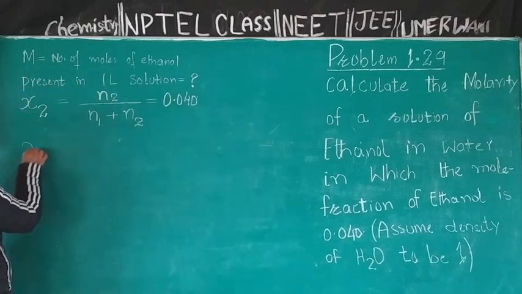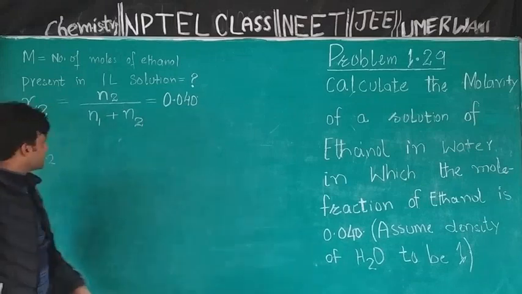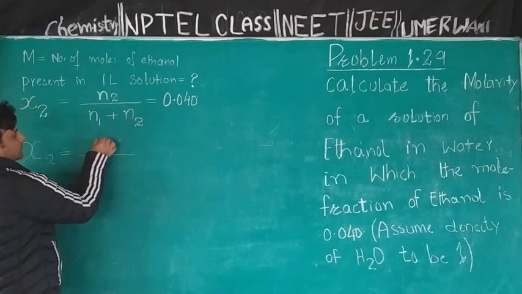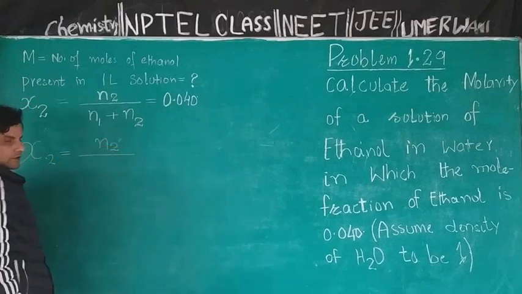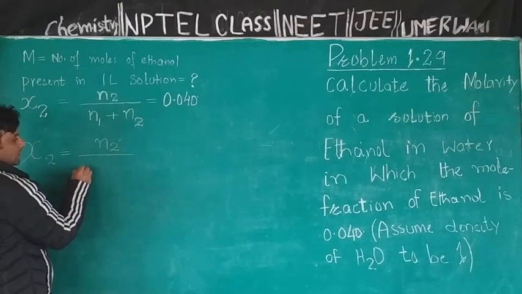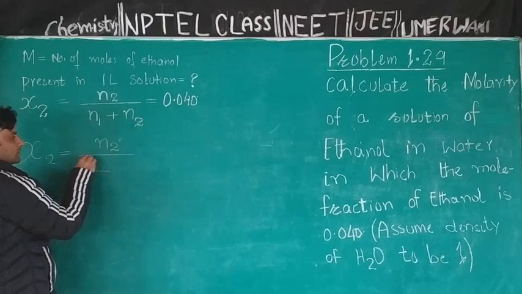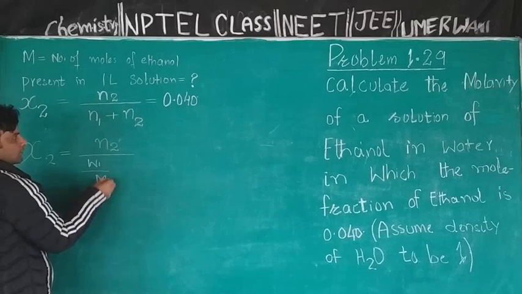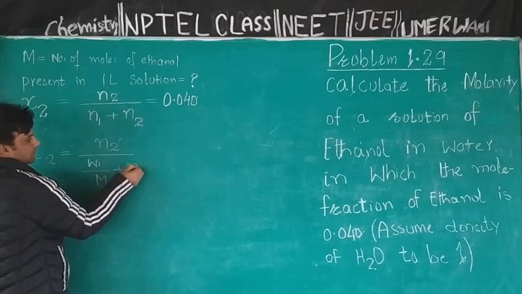Chi2 is equal to N2 divided by N1. N1 I will express in terms of available mass of solvent W1 and molar mass of solvent M1, plus N2.